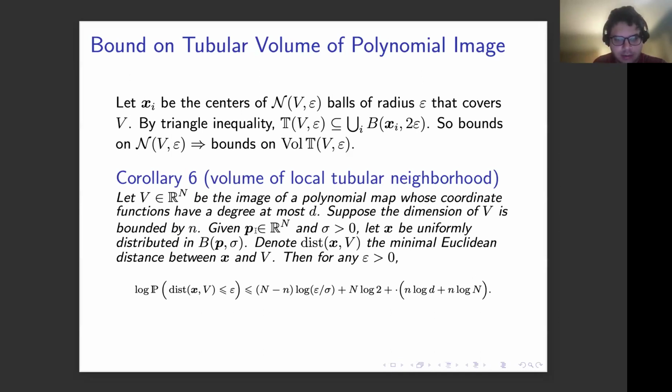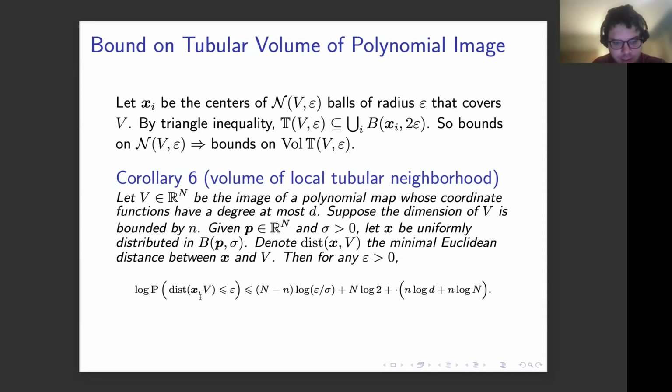Suppose P is a point in R to the n and sigma is positive. We're going to let X be a random point in the ball centered at P of radius sigma, and look at the probability that X is within distance epsilon to V. This is one way of capturing the tubular volume. And this is the bound that one obtains.